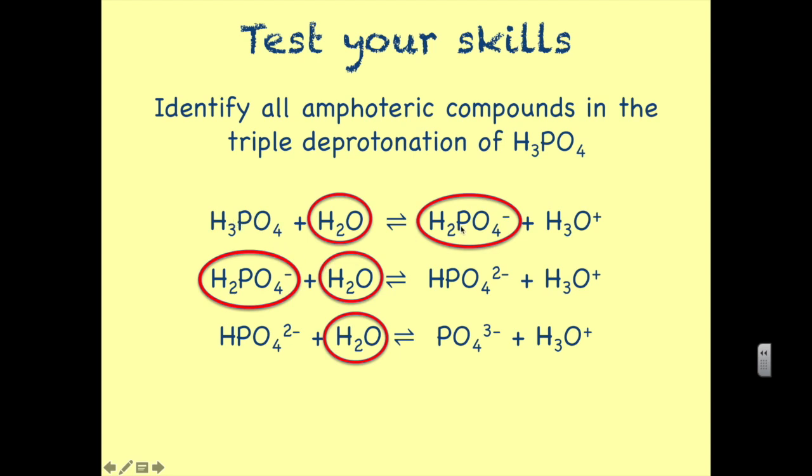And we will recycle this same product as a reactant over here, and it will create a new one. This one is also amphoteric. So there are multiple amphoteric compounds, not just water.